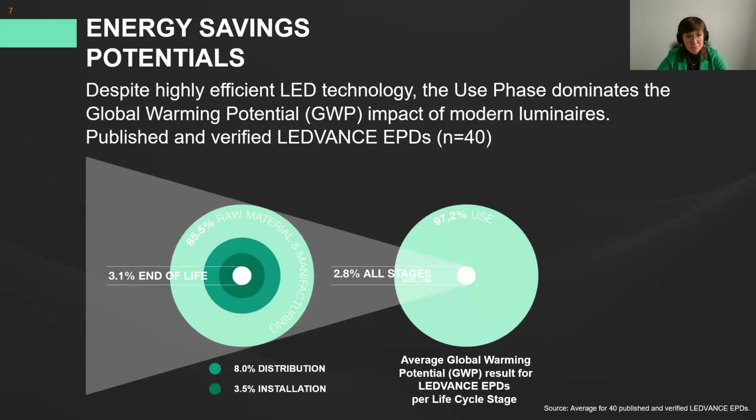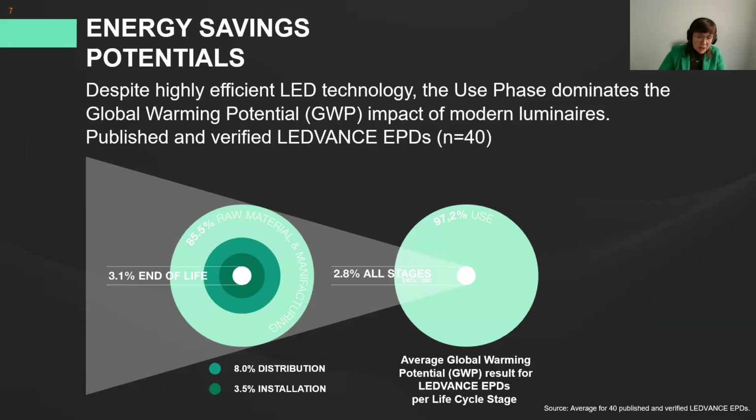This is part of our sustainability brochure. The intention was to show that it's quite important to create even more highly efficient LED technology or to find other solutions to reduce the energy consumption during the use phase, for example, via light management systems, daylight harvesting, and so on. So how to reduce at least the main portion of the global warming potential of a product's life cycle.